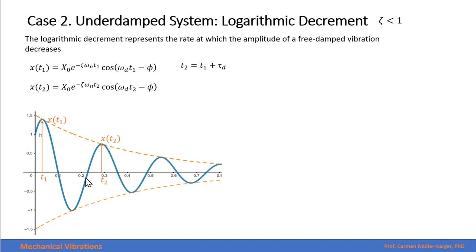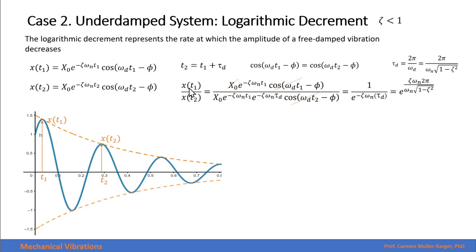If we know that between t1 and t2 we have one period, we can say that t2 is equal to t1 plus the period. And we know that the function evaluated at two different times separated by a period are equal. And we also know that the period of the function is 2 pi over the damped frequency, and the damped frequency is omega n square root of 1 minus zeta squared.